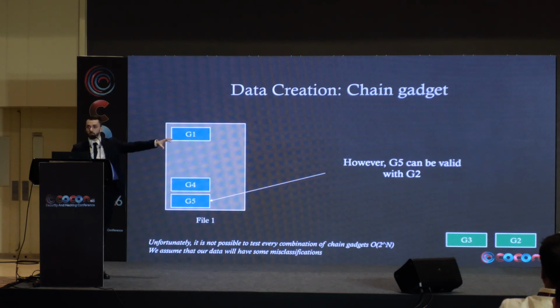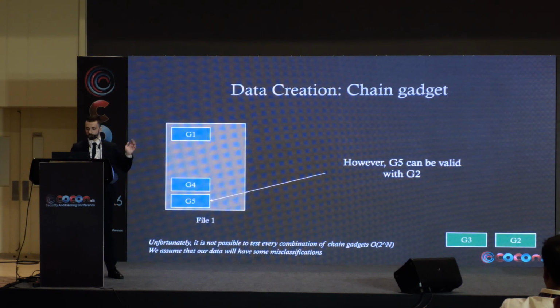But G2 has been removed because it was with G3. And testing all of the combinations of gadgets is not possible to compute. First of all, because symbolic analysis is costly, and also because all of the combinations would create an algorithm in 2 to the power n, and it's absolutely not possible to compute in a huge case.